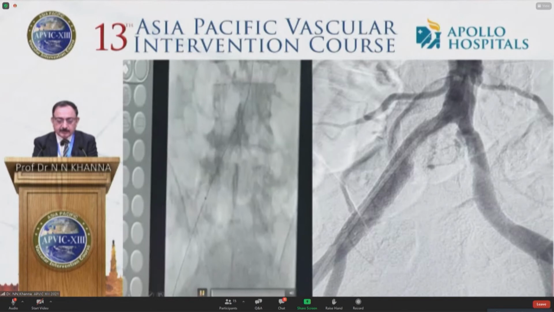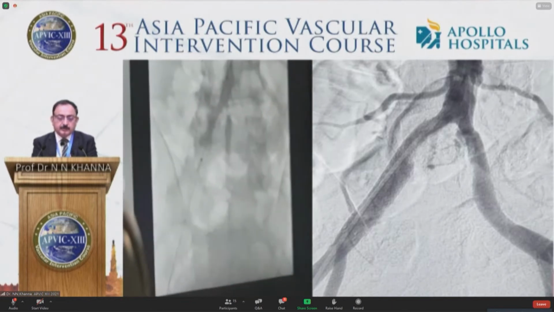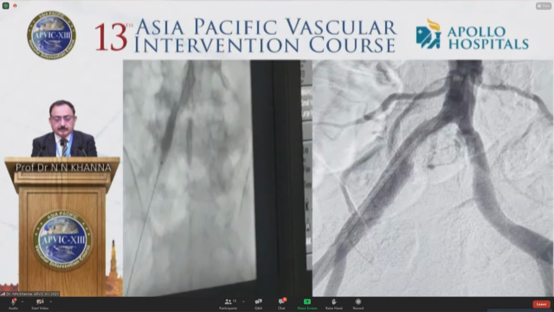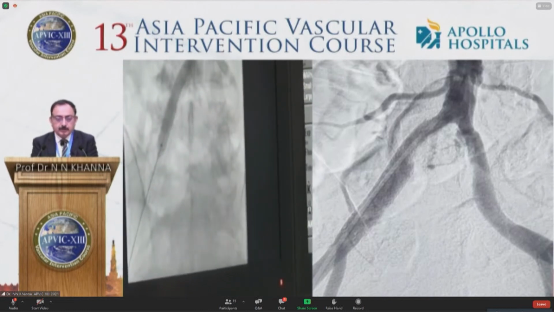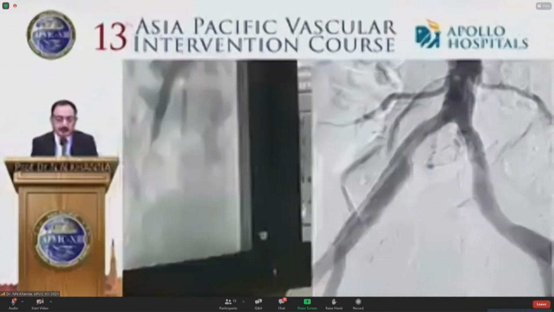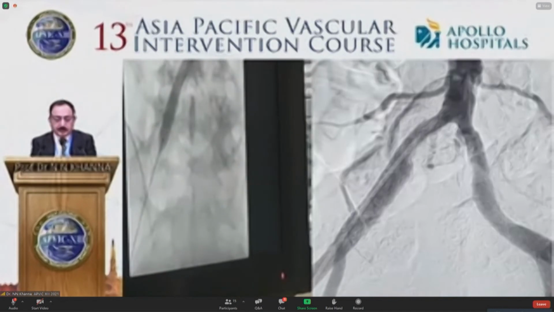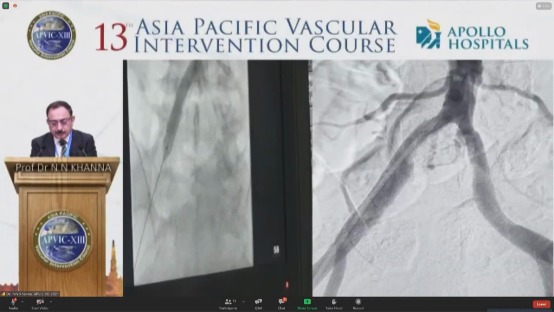This was a 7 millimeter IVL catheter which we used, and here what we do is we just expand the balloon to a size which is just occlusive to the lumen, and then the shock waves are given in multiple cycles, and slowly the balloon expands and this calcium fractures.